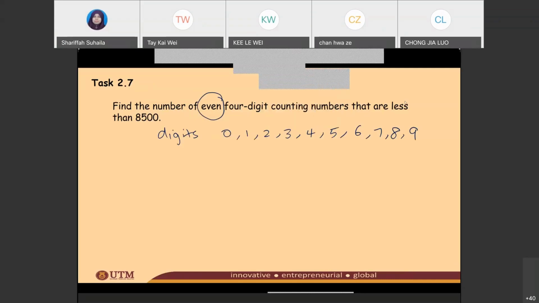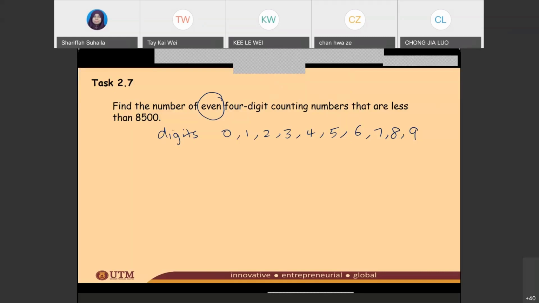Okay, so this one you want to find the number of even 4-digit counting numbers that are less than 8,500. Digits, so that means 0 up to 9. Okay, so now you want to find, okay, Kiwi dapat 3751. The answer should be 3750, Kiwi, in the module. Okay, 3750. Check your answer. Is there anything wrong? Okay, so again, you have even number is 0.